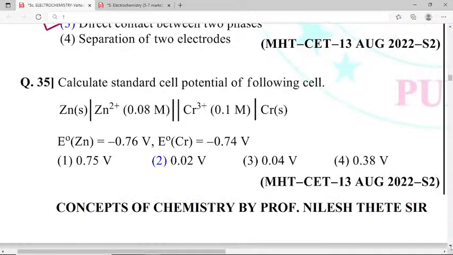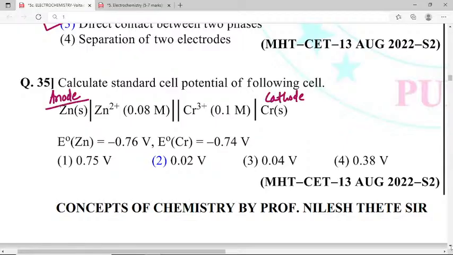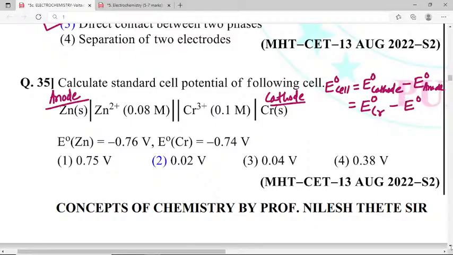Next, calculate the standard cell potential. The left side is the anode, the right side is the cathode. Always remember the formula: E naught cell is equal to E naught cathode minus E naught anode. The cathode is chromium and the anode is zinc.